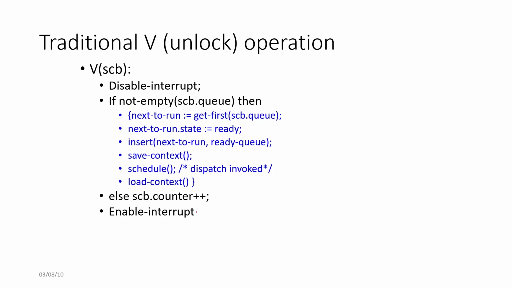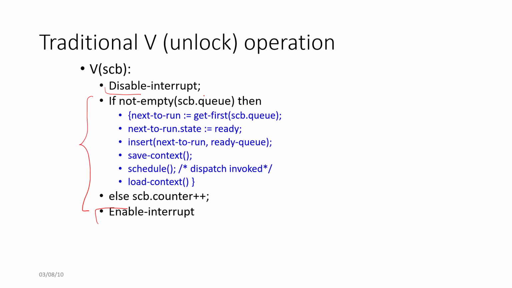So the unlock operation, if I were to look just at the traditional implementation, this is what it would look like. Again, we do the same things. We disable interrupts and we enable interrupts at the end. This is basically to ensure that this piece of code executes atomically. So here again, we look at the resource and we look at its queue.